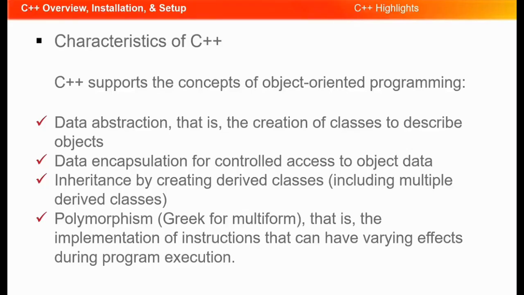Inheritance, this is when you create a class that derives much of its behavior and functionality from another class that already exists. So it's almost like we're borrowing that behavior without having to repeat the code or copy it, and then we can expand on that behavior in our new class. That's inheritance.